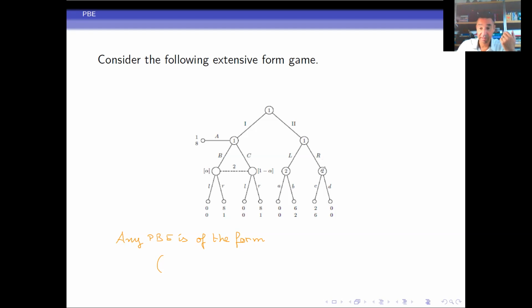So if you would apply perfect Bayesian equilibrium to these singleton nodes, then you get exactly subgame perfection. So any PBE is at least an SPE. So we already know that for the SPE here we had to choose C, and here B, and then here we chose L, right?